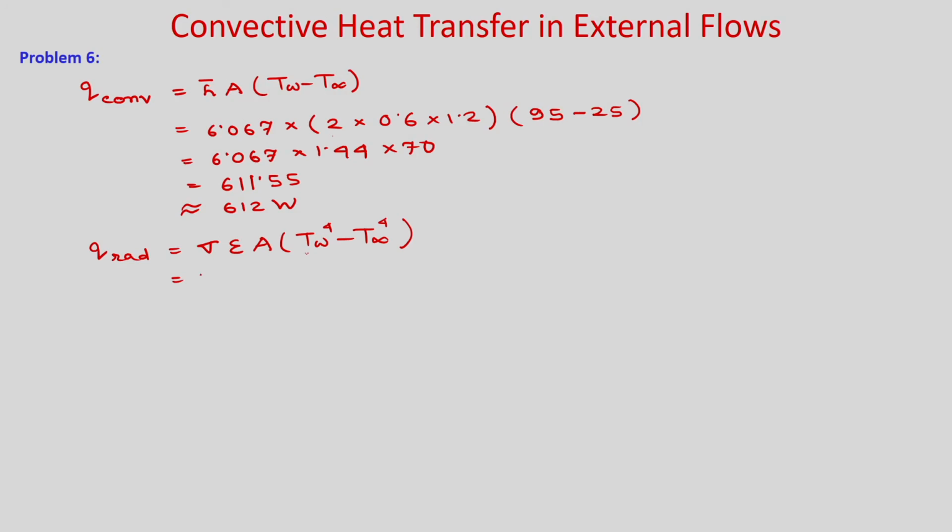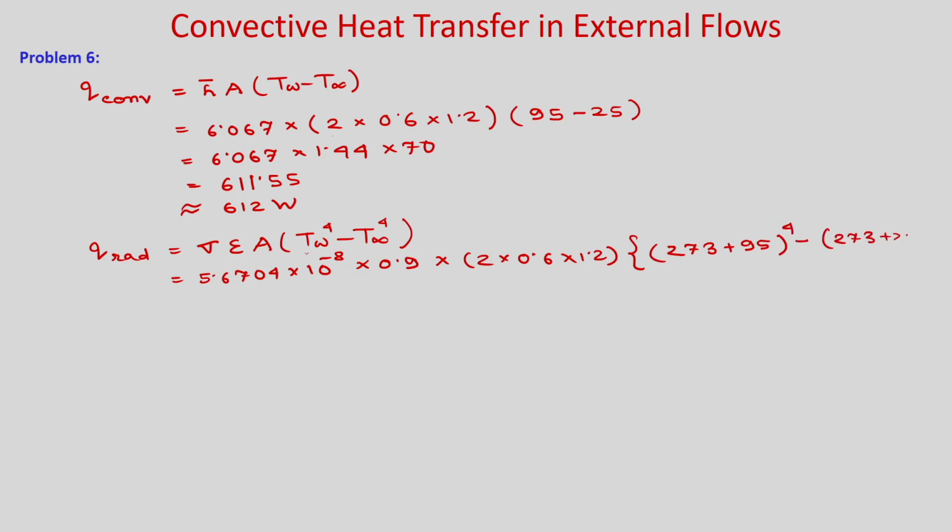Now sigma is 5.6704 into 10 to the power minus 8. Emissivity is 0.9, it is given in the question. Heat transfer area is 2 into 0.6 into 1.2, and now this temperature you have to use in Kelvin: 273 plus 95 to the power 4 minus 273 plus 25 to the power 4.